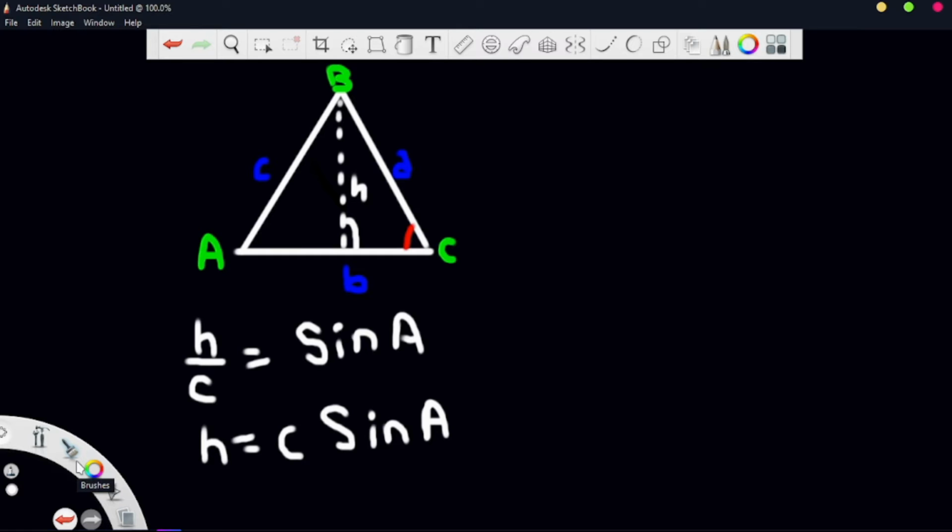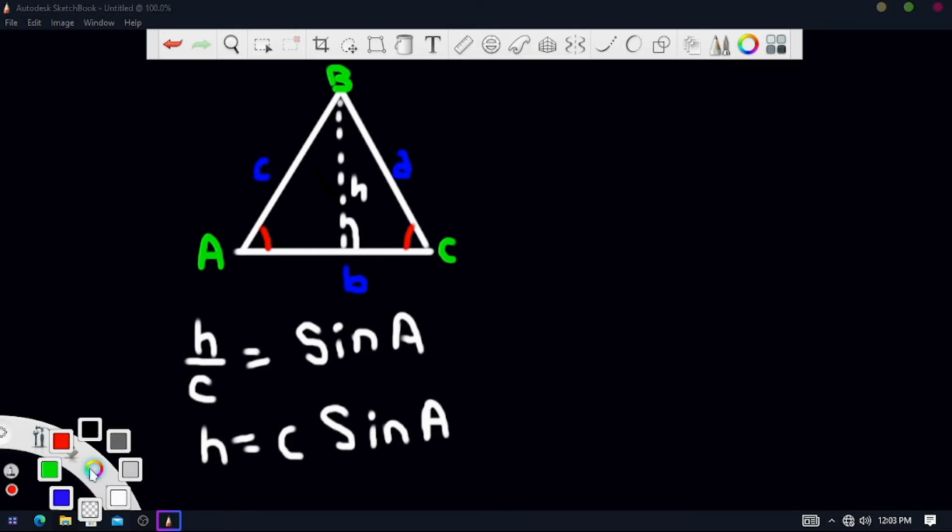Now, how about representing our H in terms of the other angle on this side? How can we represent our H?